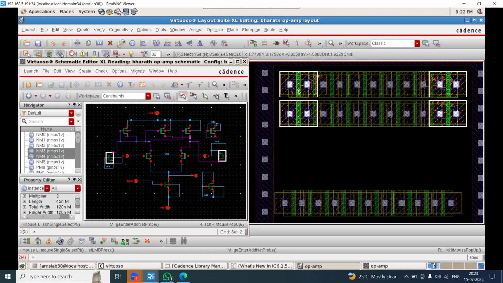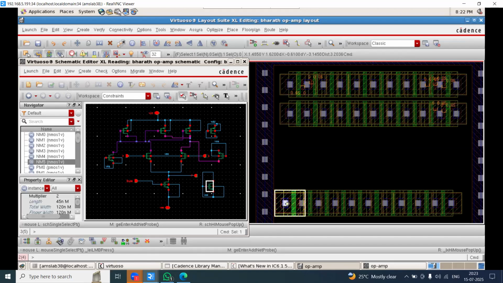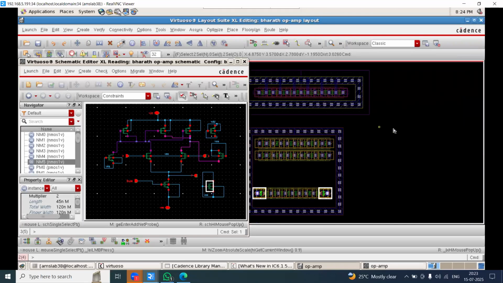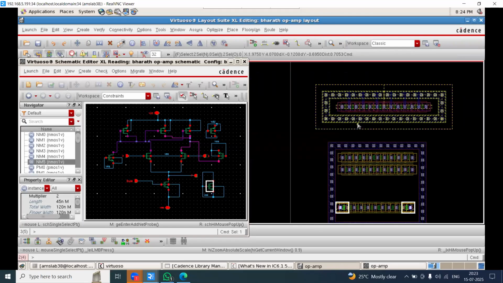These corner devices are dummies, and here also for NMOS I have added 2 dummies. In the corners I have added 2 dummies, but this is a single device, so we can make a continuous flow of devices. Clear?